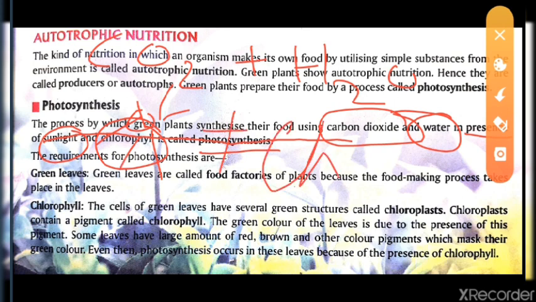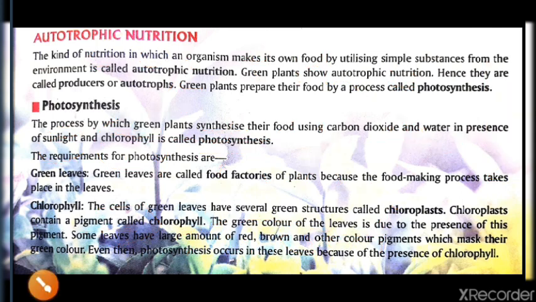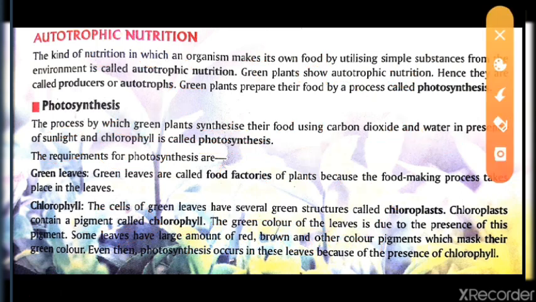Chlorophyll is present in the leaves, and they will prepare the food for the plant. Getting my point? The process by which a green plant makes their food by taking carbon dioxide and water in presence of sunlight and chlorophyll is known as photosynthesis.